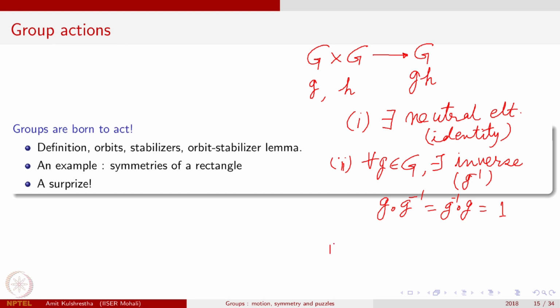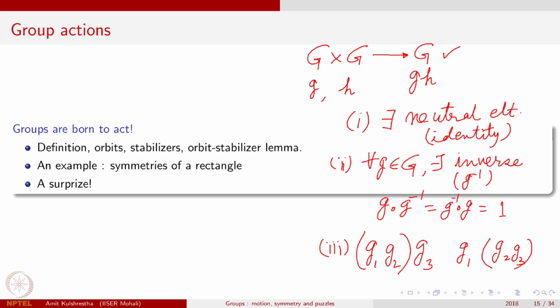And the third thing is what is called the associativity property. So suppose I take 3 elements, G1, G2, I compose them according to this operation, this law, and then I take G3, or I could have done G2, G3, composed according to this law, and then taken G1.